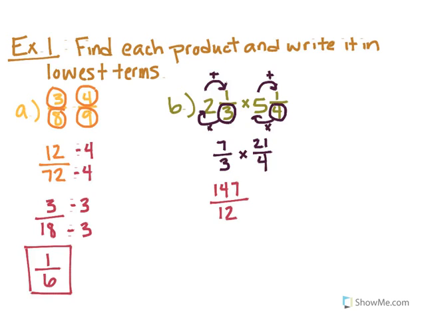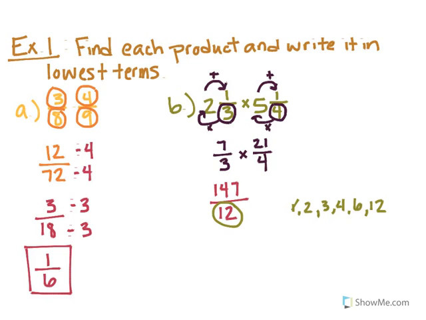Now, again, if you're not sure what number goes into both of these, what you can do, if you're ever a little unsure, is take the smallest number and list out its factors. In other words, it has factors of 1, 2, 3, 4, 6, and 12.